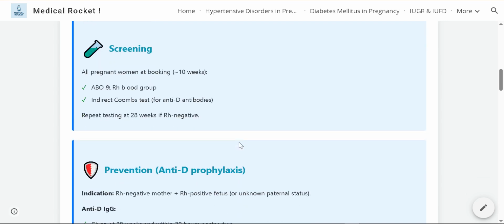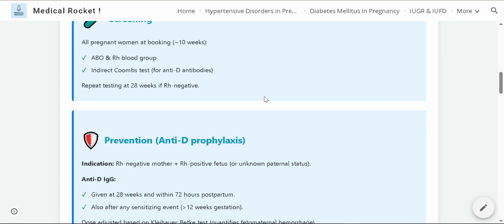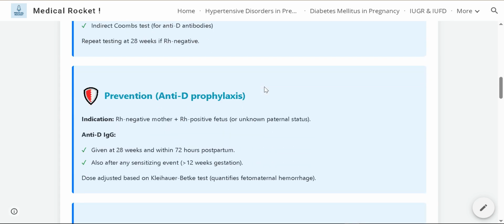These are core facts. They're not only common in exams, but also critical in real-life clinical practice. Let's now cover prevention, diagnosis, and management of Rh isoimmunization with key exam facts for PLAB, MRCP, and USMLE. Prevention with anti-D prophylaxis.